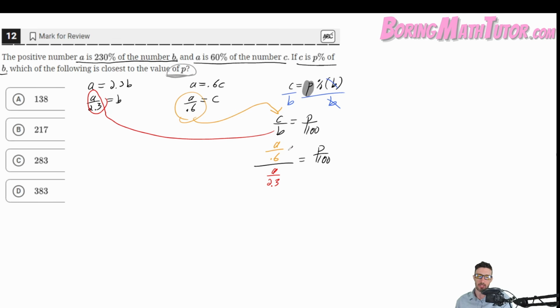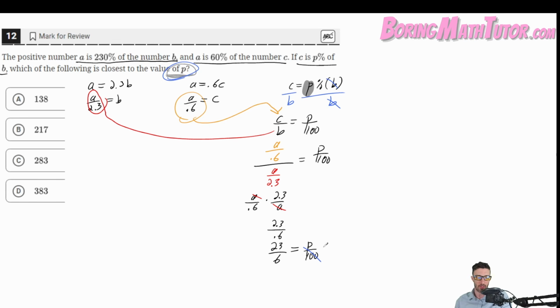And now I can do keep change flip, where it's A over 0.6 times 2.3 over A. The A's cancel, and I just get 2.3 over 0.6. And that's the same thing as 23 over 6. So that equals P over 100, and we just got to figure out what P is.